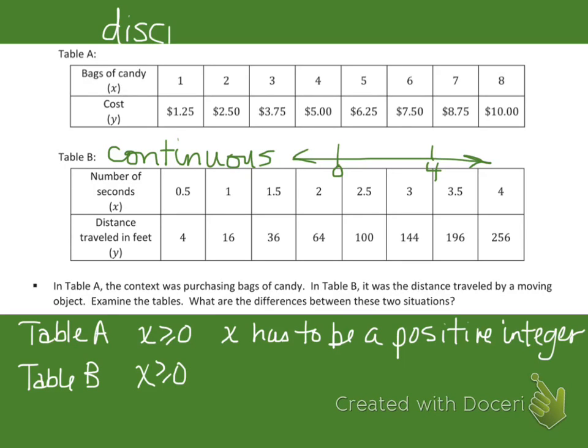And discrete is a word, you can look it up. It just means separate or distinct from something else. So you could think of these bags of candy, the numbers for the input as being discrete, 1, 2, 3, whereas the inputs for the function in table B just are continuous. Okay, so those are two different types of functions, and you've seen examples of both of those.